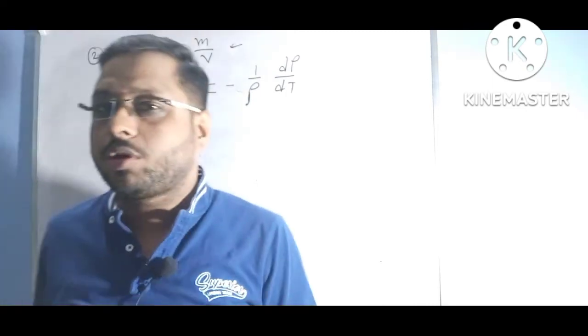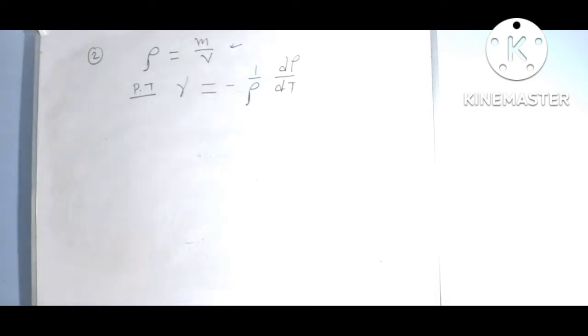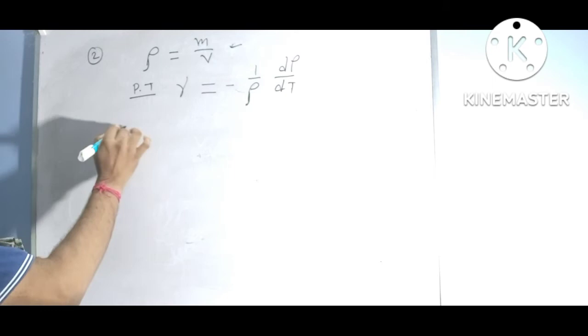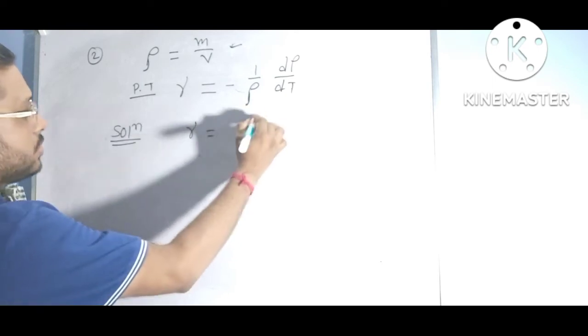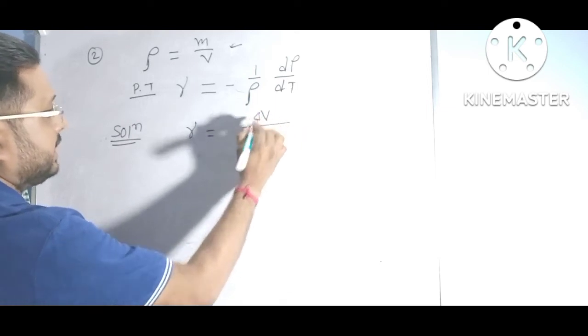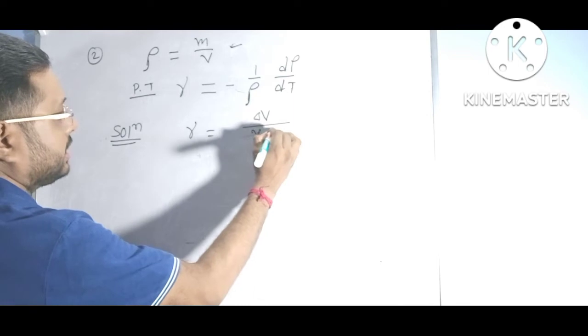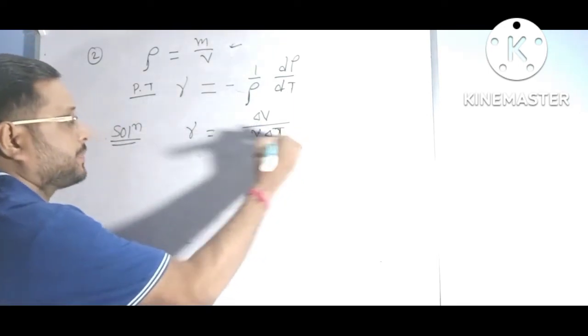The density rho of a material is given by the m by v relation. So let us take the solution. We know gamma is equal to delta v by v into delta t, change in volume by initial volume into change in temperature.